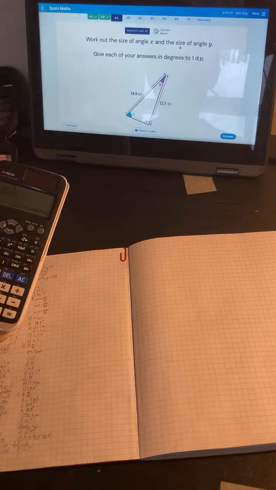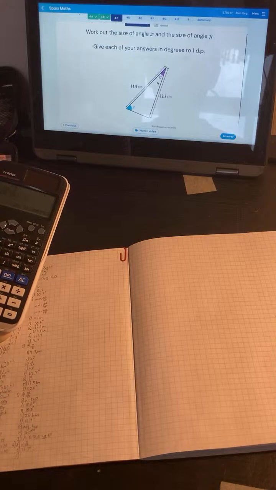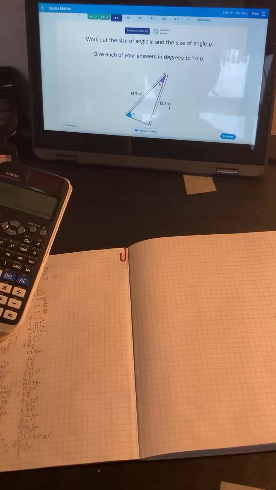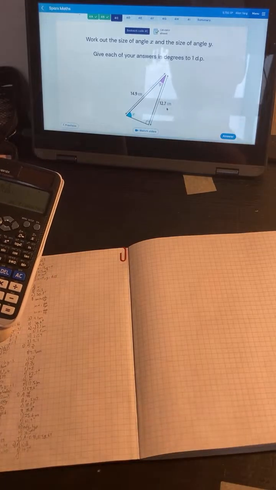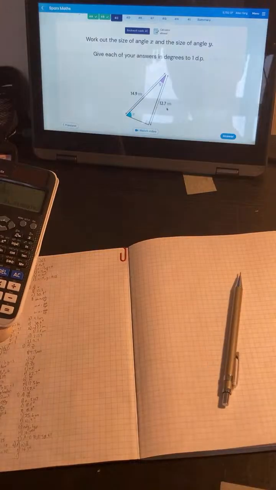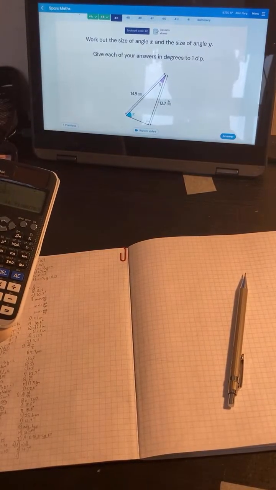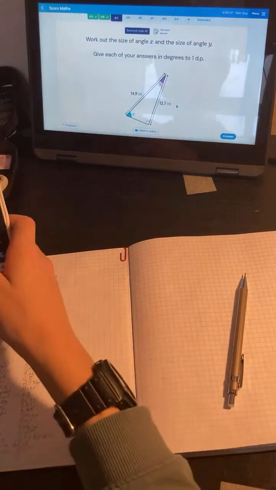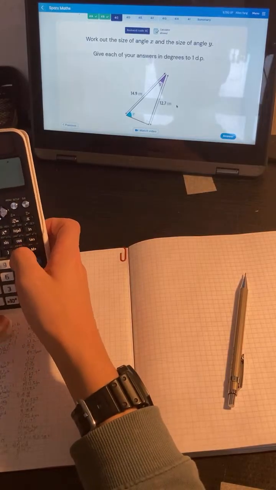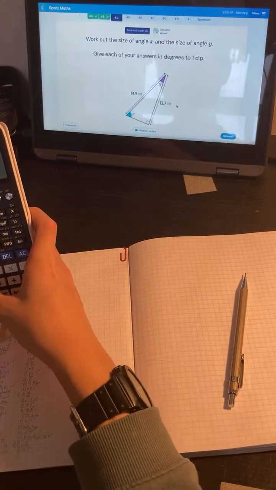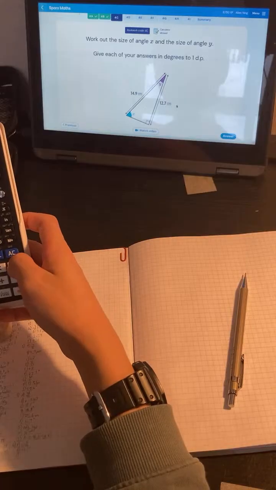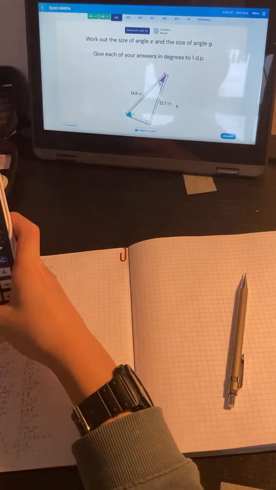With the size of angle X and the size of angle Y. Right, so this one we can use cosine. So inverse cosine of 0.7 over 14.